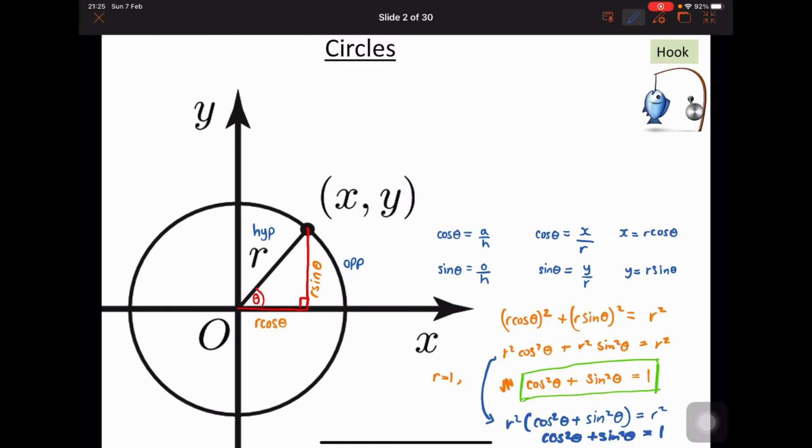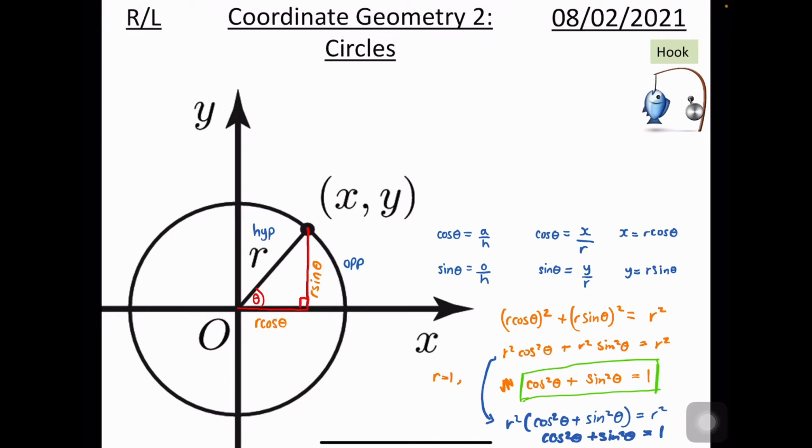So I wanted to show this to you guys, firstly because it is quite interesting to see the link between a trigonometry identity and coordinate geometry, equation of circles, but also because you may see a question whereby you have to use both of the topics I've just discussed, and so I felt that it's quite useful to show you guys this.